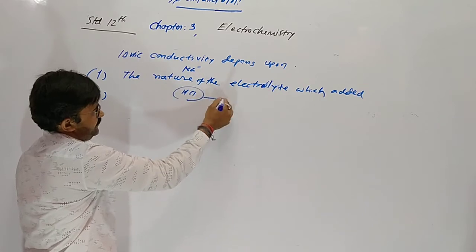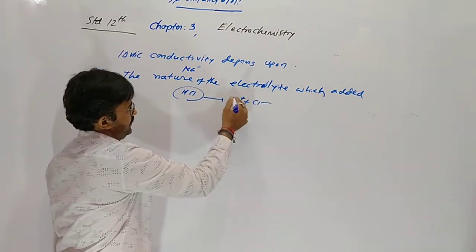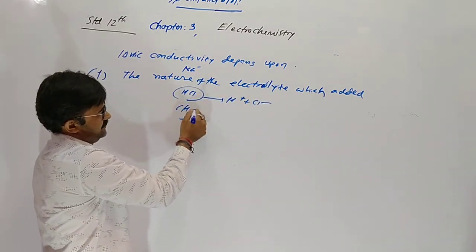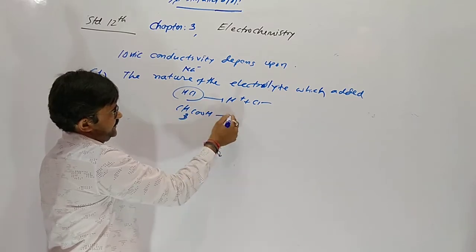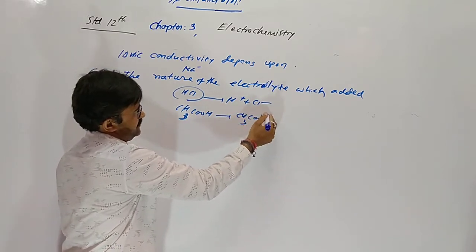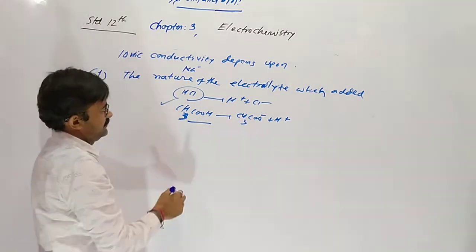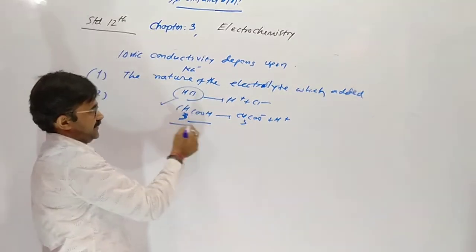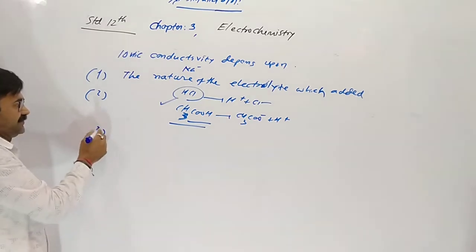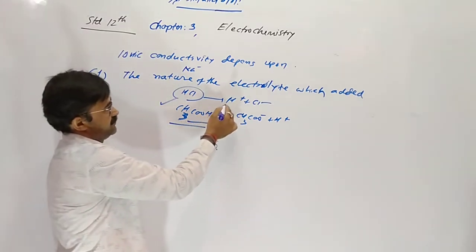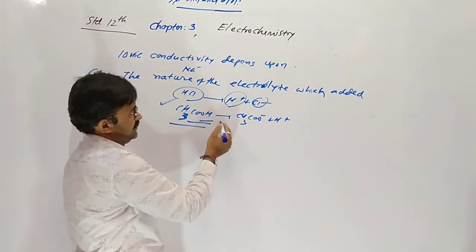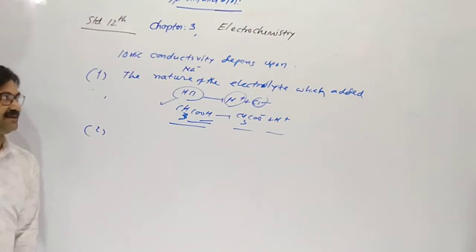Suppose HCl: 100% ionization occurs. Suppose acetic acid is taken: very few ions. HCl is a strong electrolyte and acetic acid a weak electrolyte, so the strong one gives more ions, so conductivity is more. The weak one gives fewer ions, so conductivity is less.